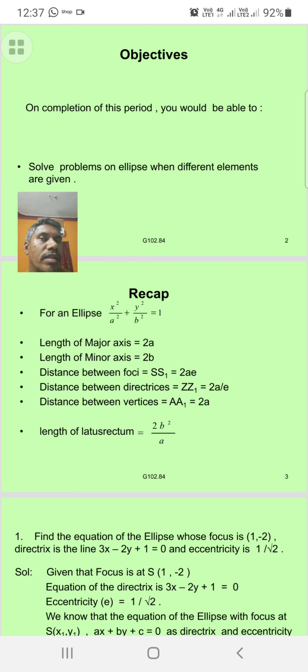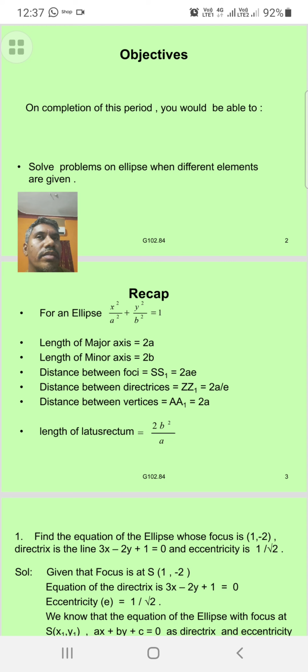Then we compare it, or take it and substitute and simplify, and then we can get the answer.